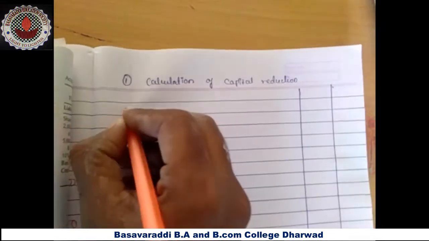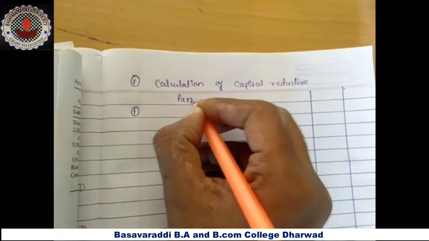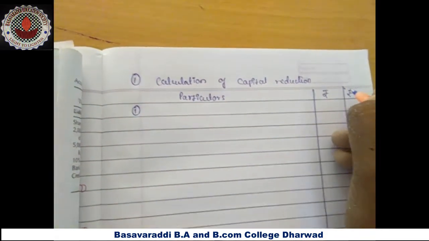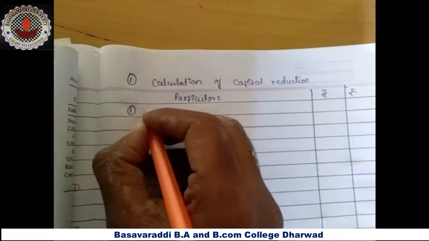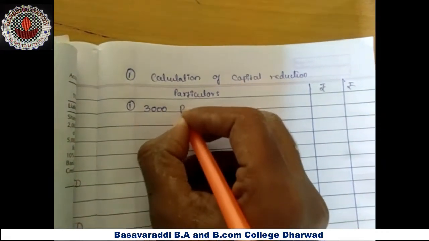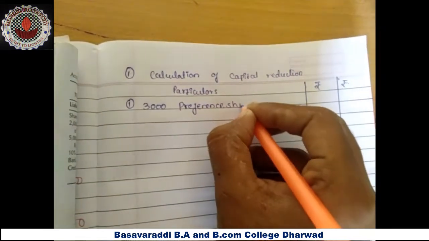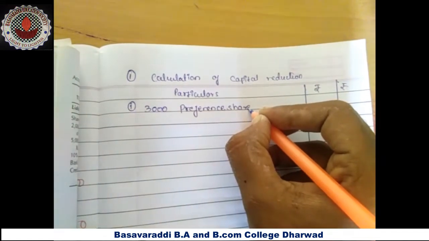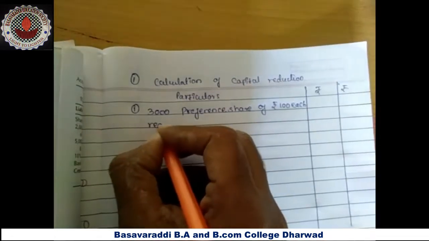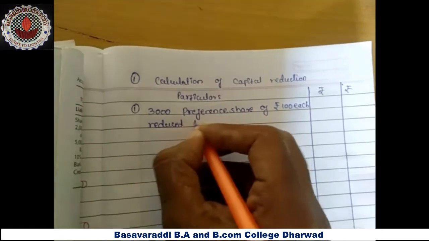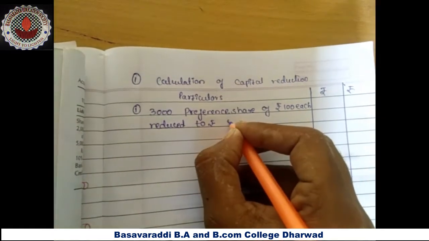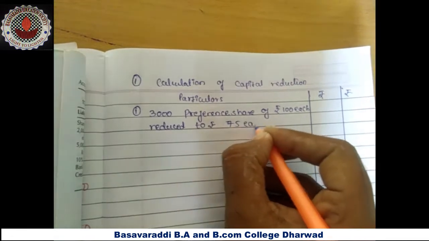Now first one, particulars, rupees and rupees. 3,000 preference shares of rupees 100 each reduced to rupees 75 each.